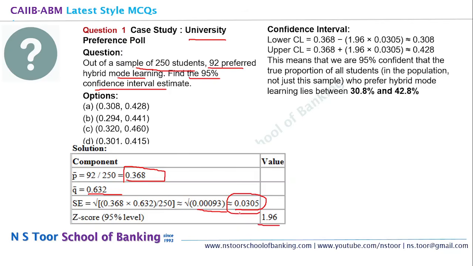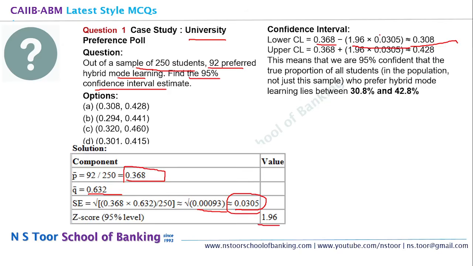Margin of error is equal to Z into the standard error, which we have already calculated as 0.0305. So 0.0305 into 1.96, and that amount you have to deduct from the P bar, 0.368. So 0.368 minus 1.96 into 0.0305 is equal to 0.308.